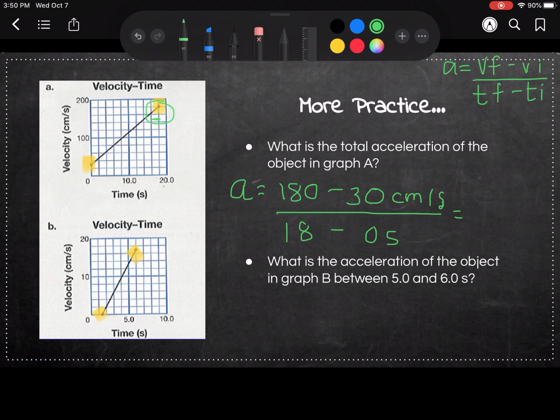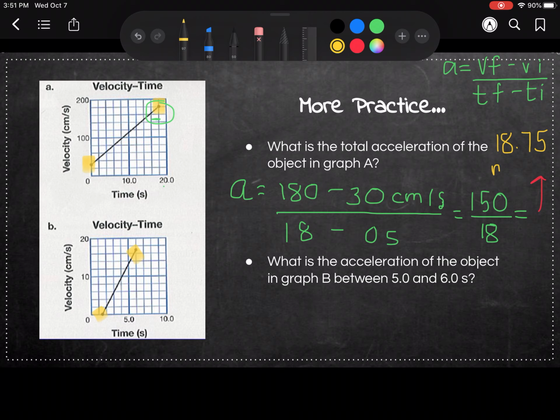So just getting those points from the graph, we can calculate the acceleration of this object. 180 minus 30 gives us 150. And 18 minus 0 is 18. If we do 150 divided by 18, we get 18.75.